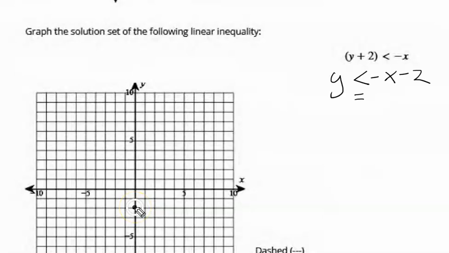So we put a dot right there. Our slope is a negative 1 over 1. So it'll be over 1, up 1, over 1, up 1, over 1. I'm just getting a few more points here. And do I use a solid line or a dotted line here? I use a dotted line here.